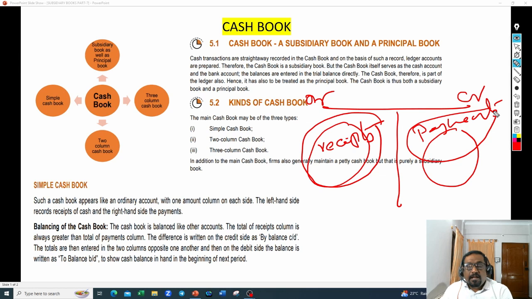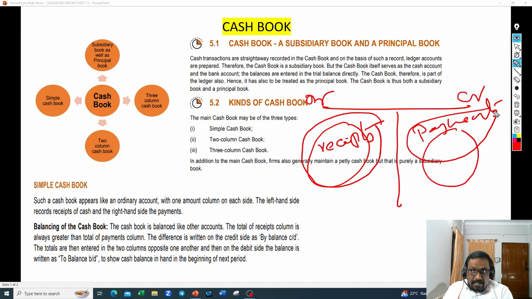Very simple. When I make a cash payment, cash is a real account and cash is going out. Credit what goes out is applicable, so I credit the cash account. So the cash account is credited when we make the payment, and debited when we receive the amount.